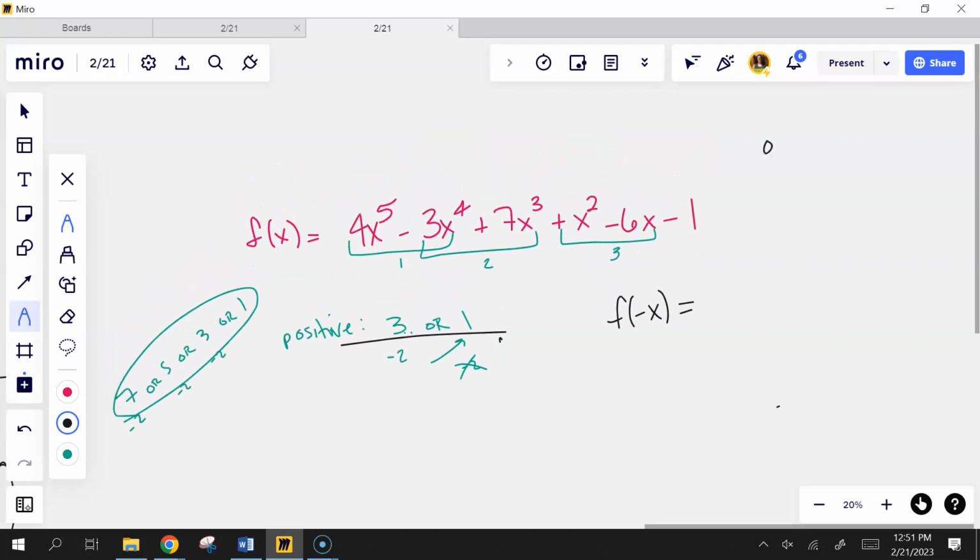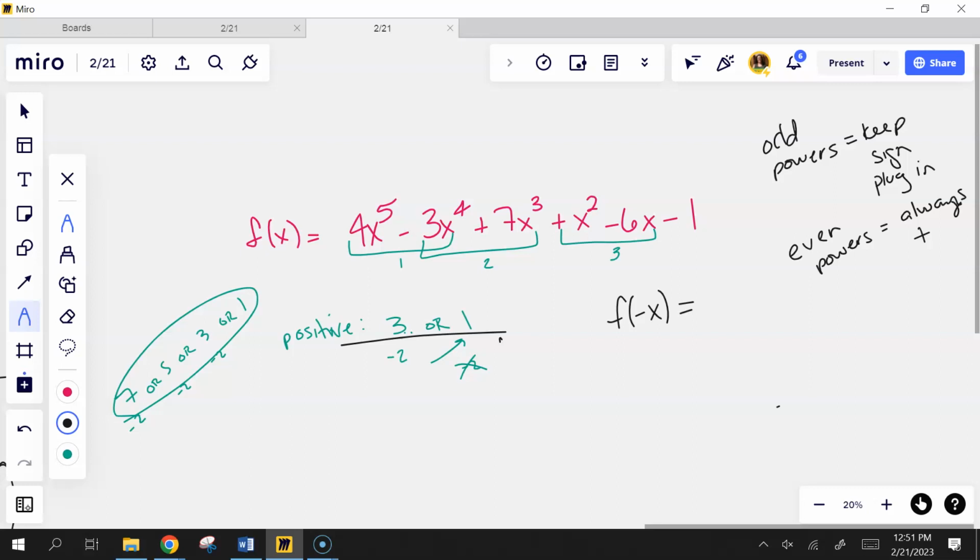Odd powers keep the sign you plug in. Even powers positive.